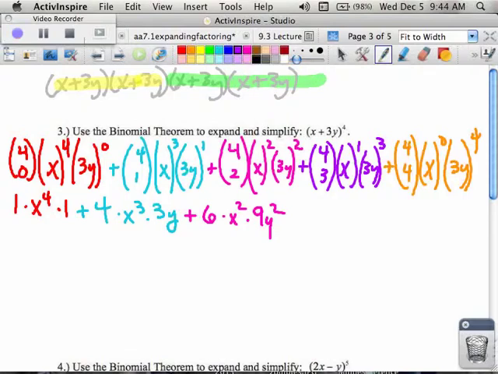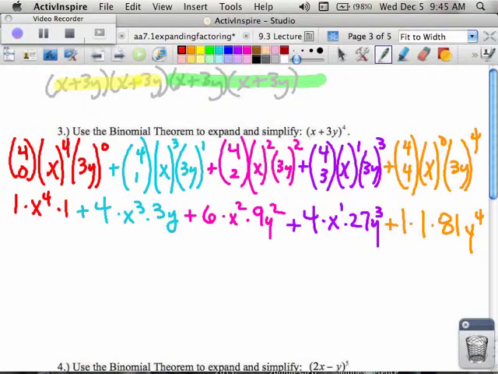We just learned that number, so that would be 4 x to the first power, 3 cubed is 27, and y cubed. And in the orange, 4 NCR 4 is 1, and then I have x to the 0, which is 1, and 3y to the 4th, 3 to the 4th is 81, and y to the 4th.